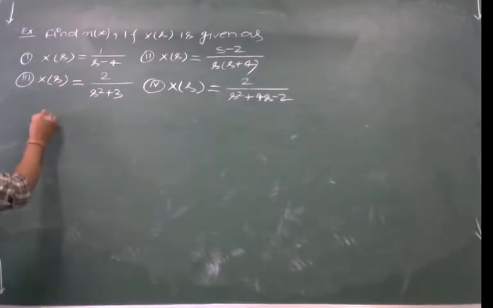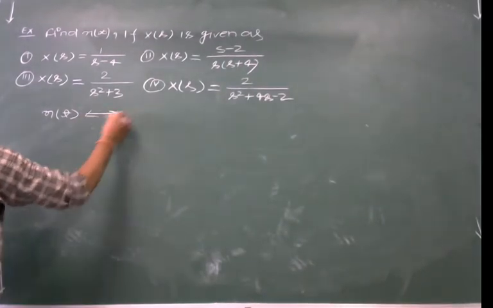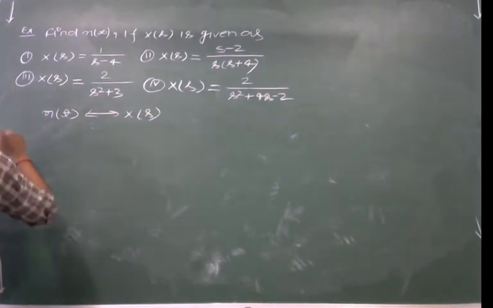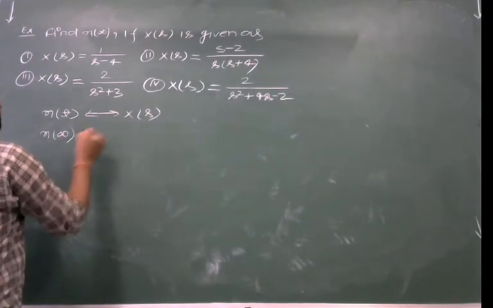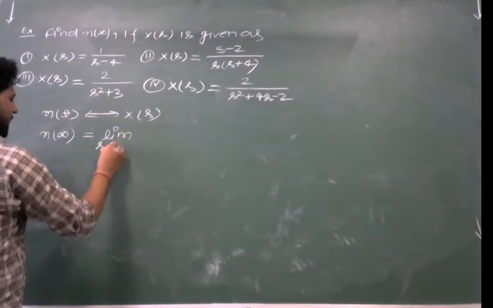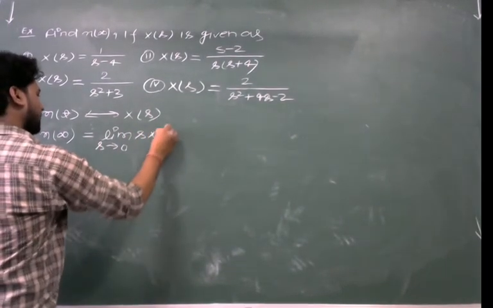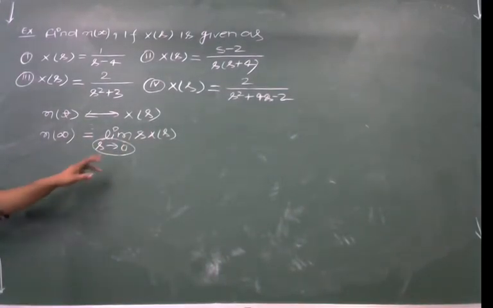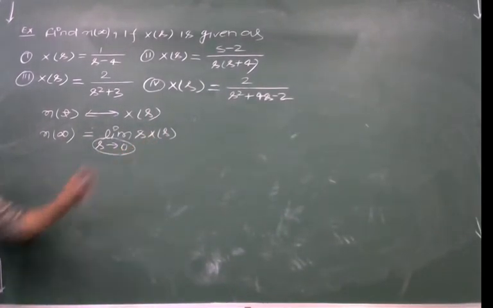The final value theorem says that if the Laplace transform of x of t is described by x of s, then the final value x of infinity can be found by using this relation: x of infinity is equal to limit s tends to 0 of s into x of s. Here limit s is tending towards 0. So I will put the value of s equal to 0 in this relation s into x of s.